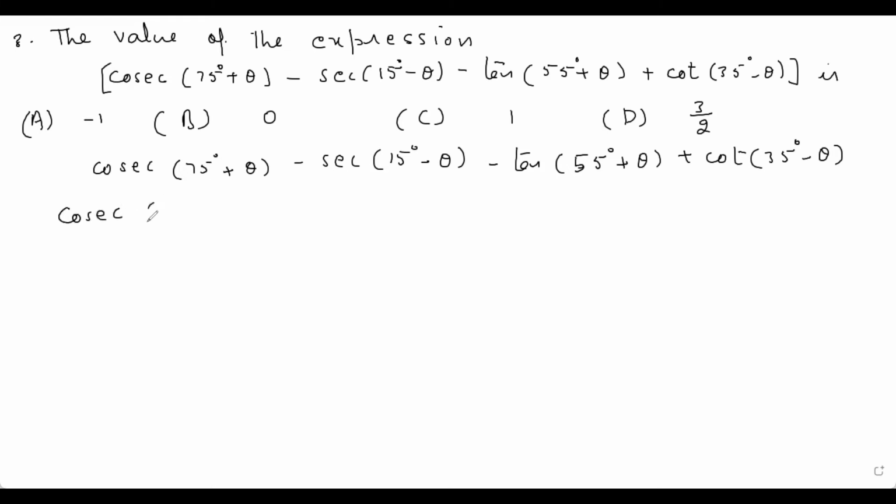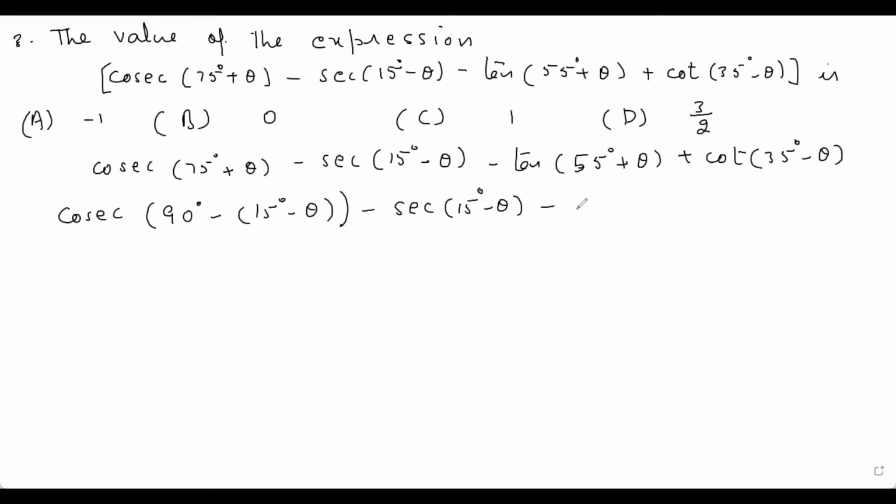Cosec, this thing can be written as 90 degree minus 15 degree minus theta. If you subtract 15 degree minus theta from 90, you will get this. Minus sec 15 degree minus theta. Now change one of them.